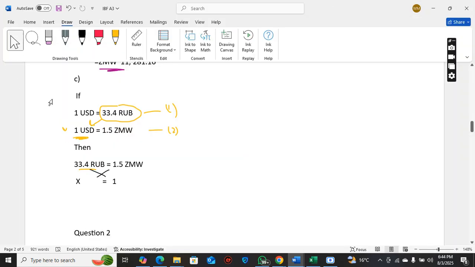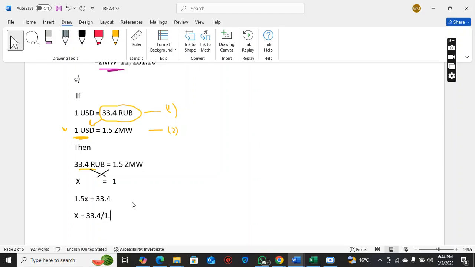So we have 1.75x equals 33.4 rubles. So we have to divide by 1.75.